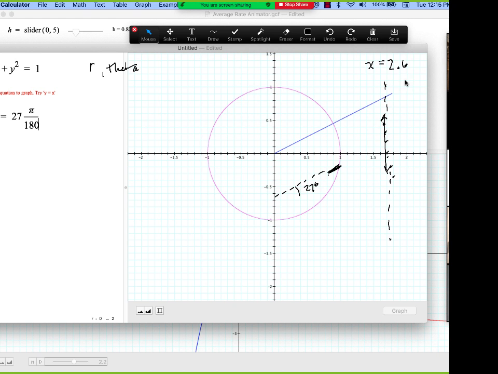So what do we want? We've done this before. This is similar to what we've done before, and we're just doing it in polar coordinates instead of x and y coordinates. So what do I want? I just want a little tick mark here, right? How can I do it?